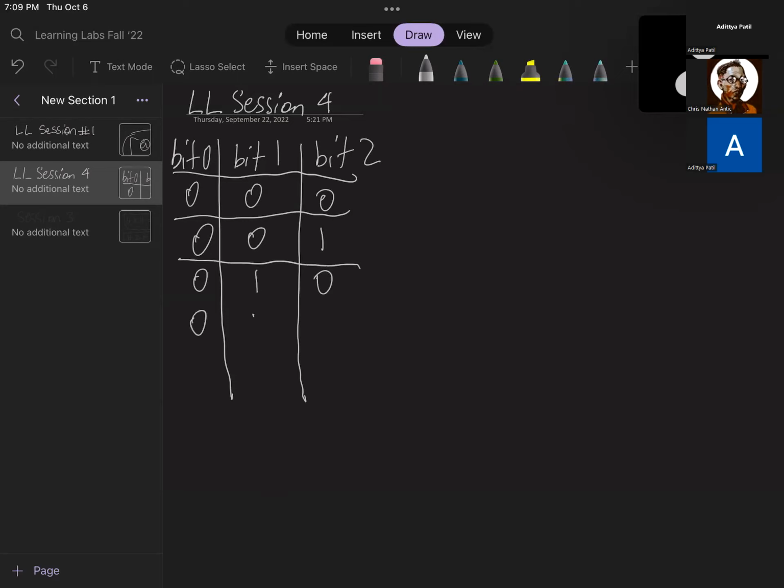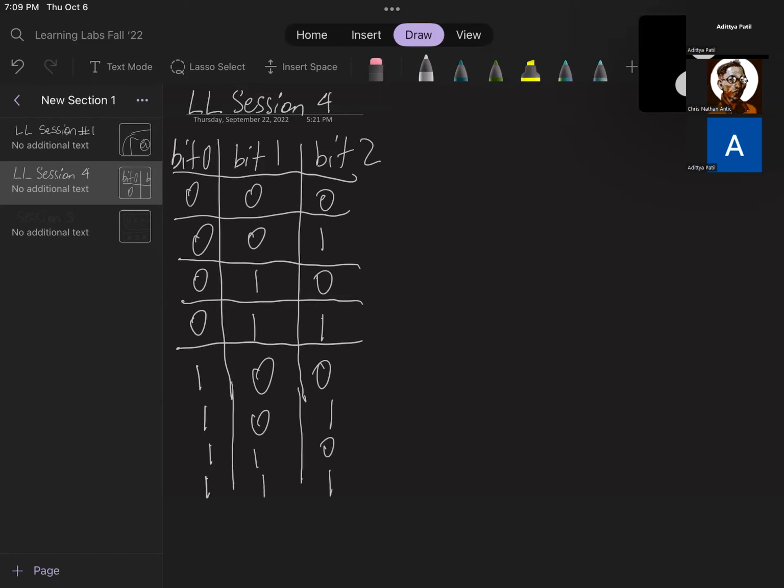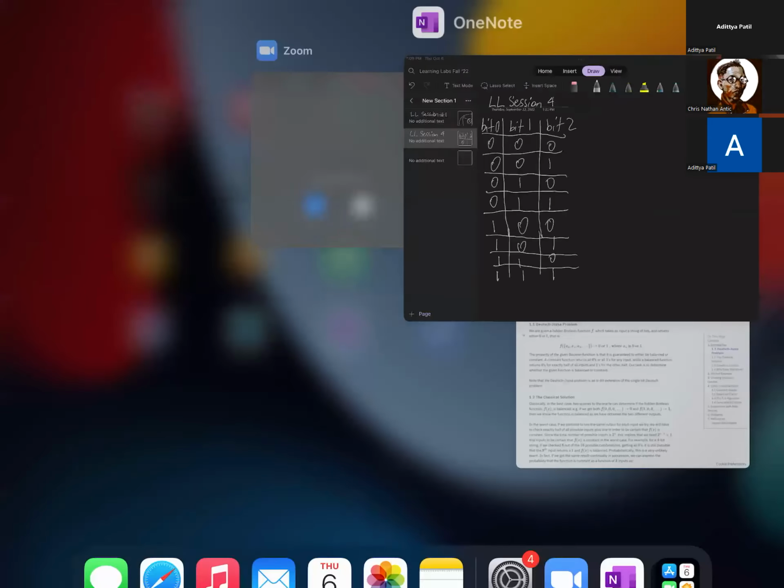We have 0, 1, 1. We have 1, 0, 0. We have 1, 0, 1. We have 1, 1, 0. And finally, we have 1, 1, 1. So we have 8 different bit sequences.